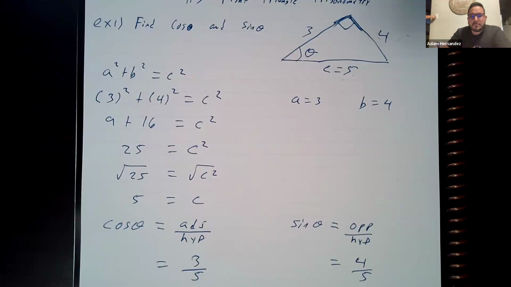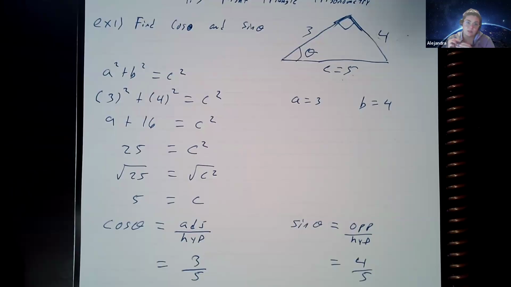Any question on what we just did? Does A squared plus B squared equals C squared matter where the numbers are positioned or no? As long as you know what is what, right?